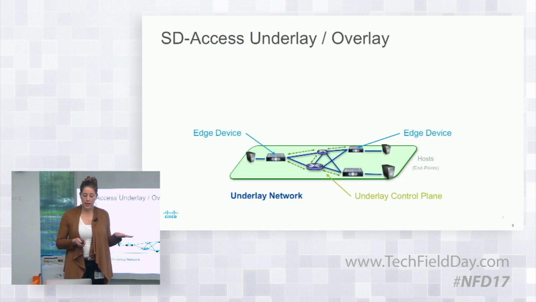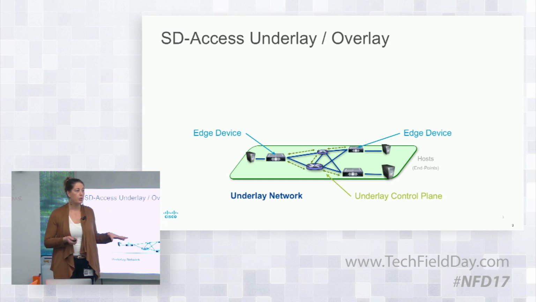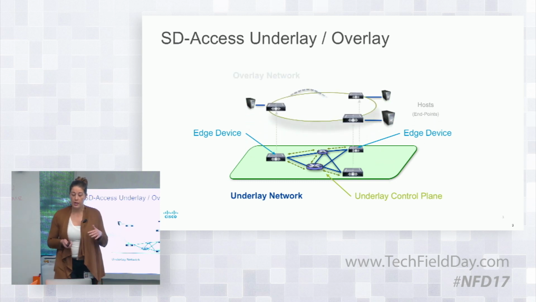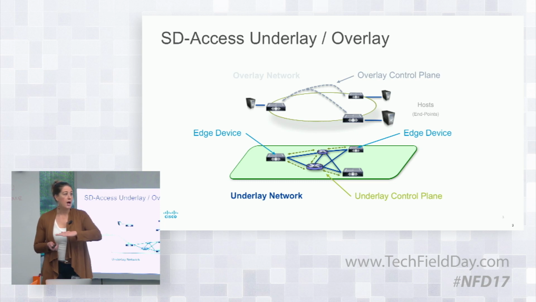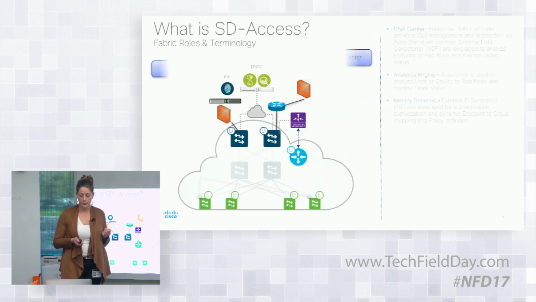We have our underlay, which is basically our physical devices. SD access can be deployed on existing infrastructure. And then we have our overlay, which is utilizing that control plane, LISP, and utilizing VXLAN to do our data encapsulation. And then we have TrustSec as our policy plane.